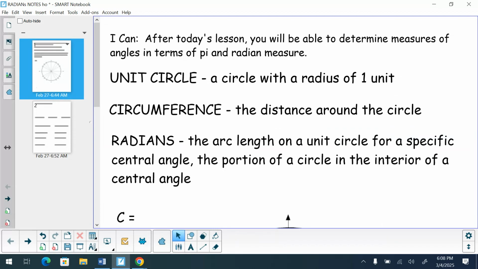It's the portion of the circle in the interior of the central angle.